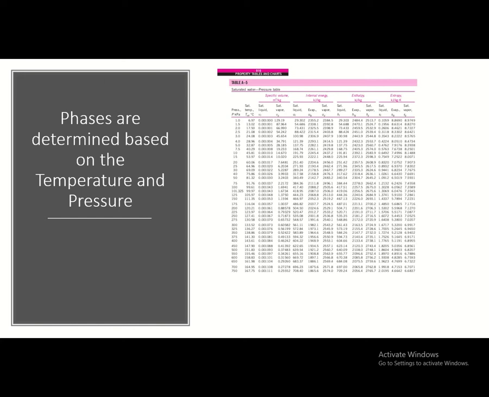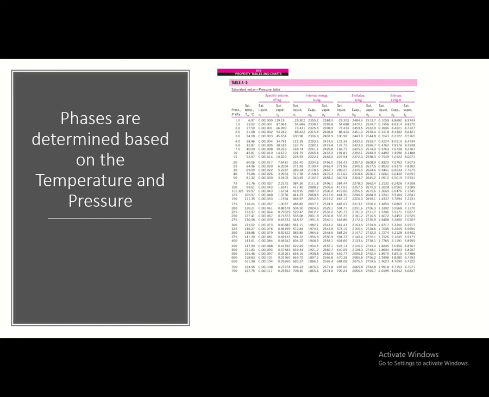As you are now familiar with the property table, this is one of the examples showing that a state is based not only on the temperature and the pressure. It's also based on the specific volume, the internal energy, and the entropy. However, they are mutually dependent.